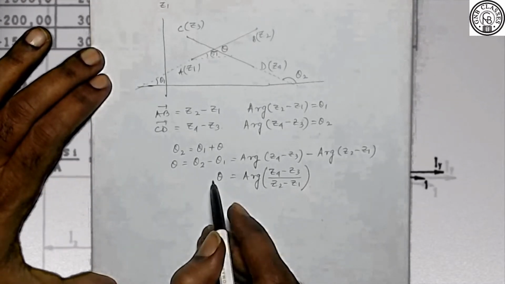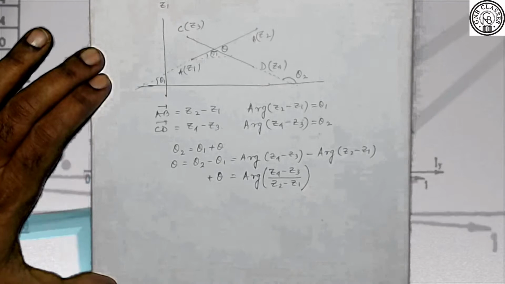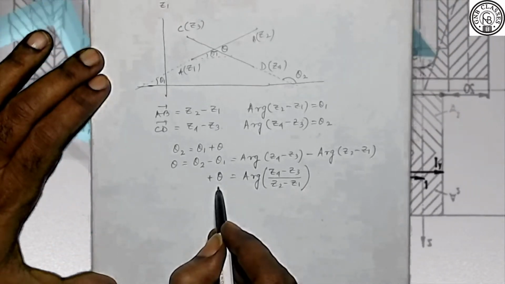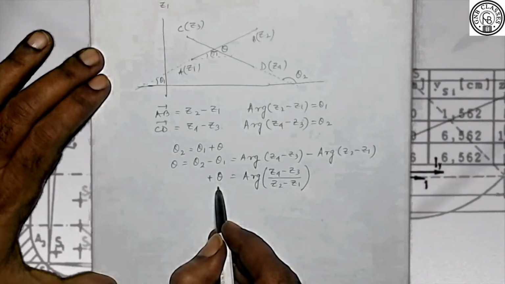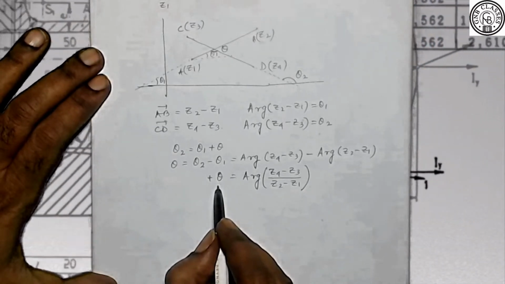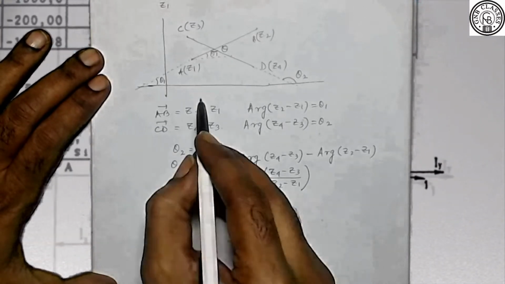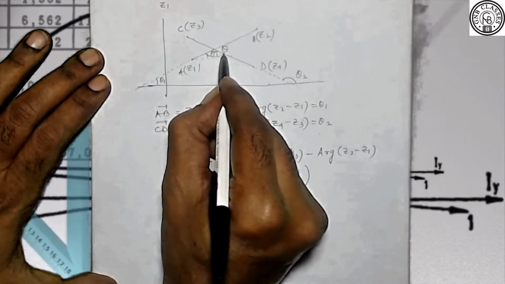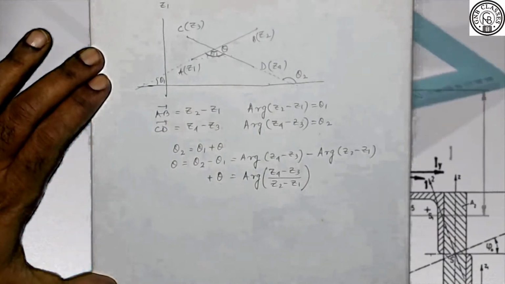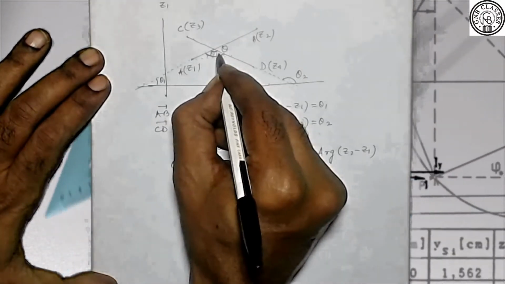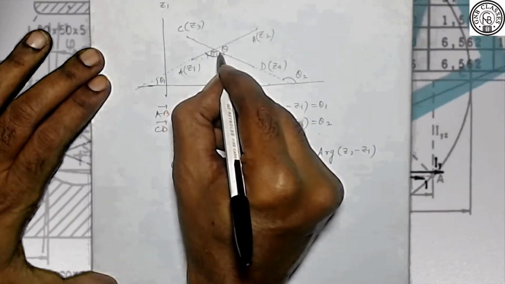Now, this theta is positive. Okay? It means what? I told you that the angle will be positive when we measure the angle in anti-clockwise direction. Since the angle is theta and it is positive, and theta is this angle, look at it carefully, but we have to measure it in anti-clockwise direction. That is, the angle should be measured in this way.